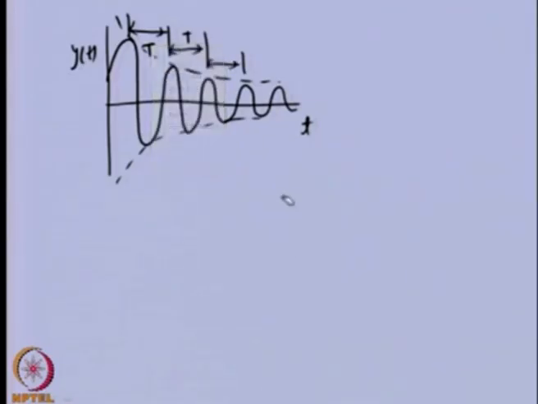So when we are working in the linear system, when response is small, always this will be the time period, and the frequency will be one by the time period. This will be in hertz. And this particular response, as I mentioned, is called an underdamped system.